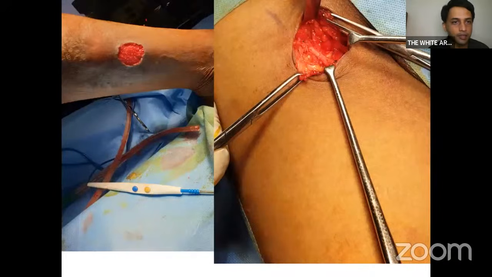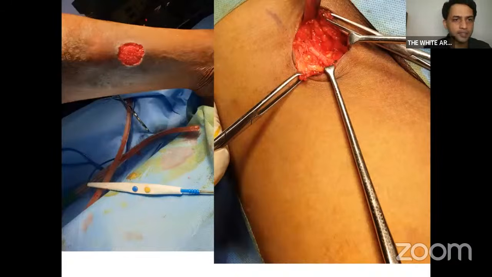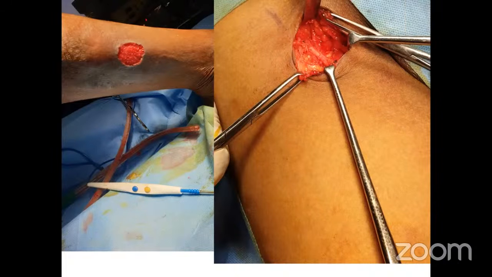The first one is an ulcer. This is a venous ulcer, almost oval to circular. Can you describe this ulcer, Mr. KJ? Sir, oval shape ulcer, almost circular, present on the medial side of the lower leg.